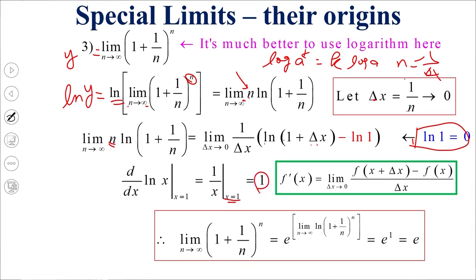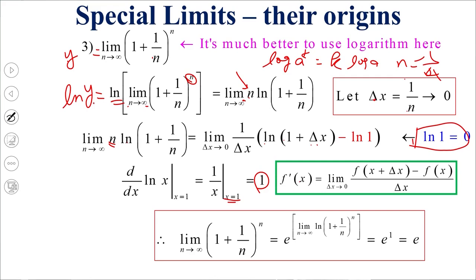So I started with y, which is this one, but now I did a limit not for y itself, but rather for ln of y. So what I should do finally is take e to the power of ln of y. E to the power of ln of y is simply y. That is my original problem.